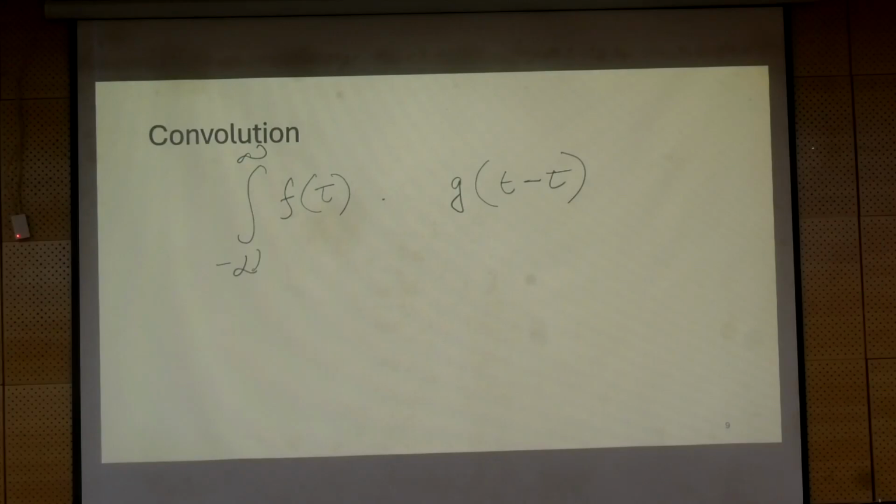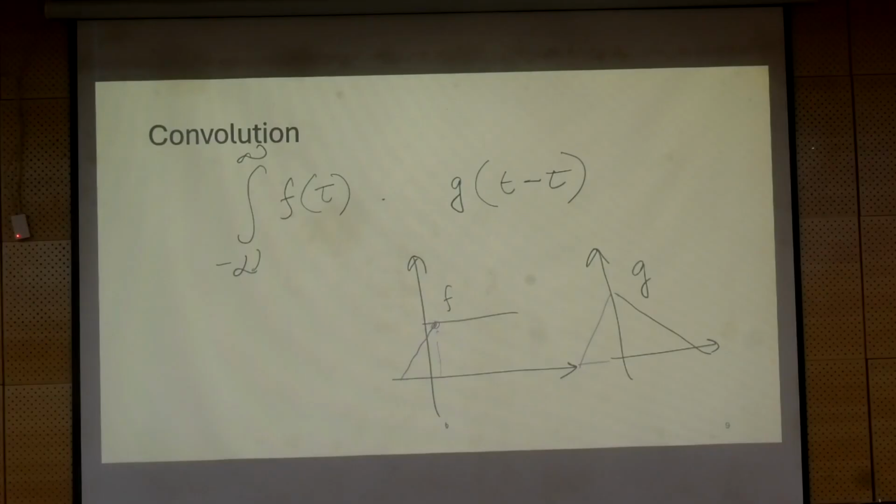This may be very mathematical or abstract, so let's do a simple pictorial representation. Let's say this is a function f, and this is a function g. First you need to flip it. Flipping g means it will look like this. Then for the first instant, you move the flipped g somewhere here, do a multiplication and evaluate, and you get an output.